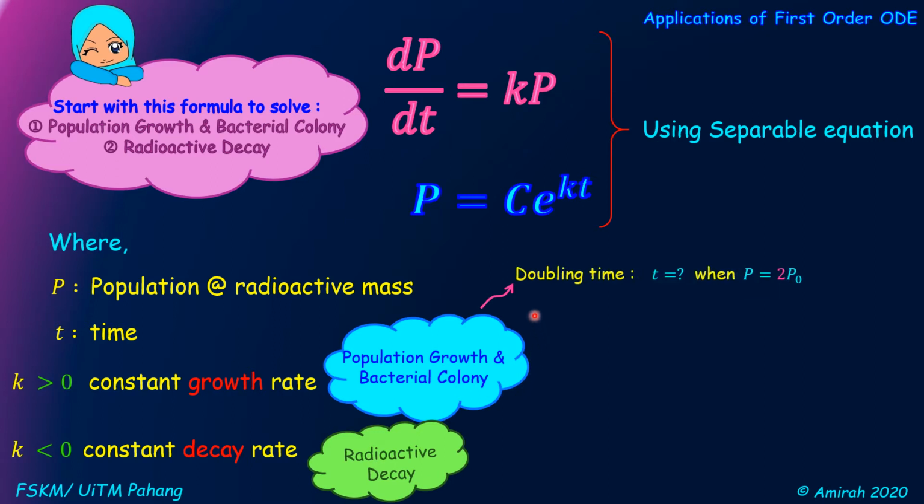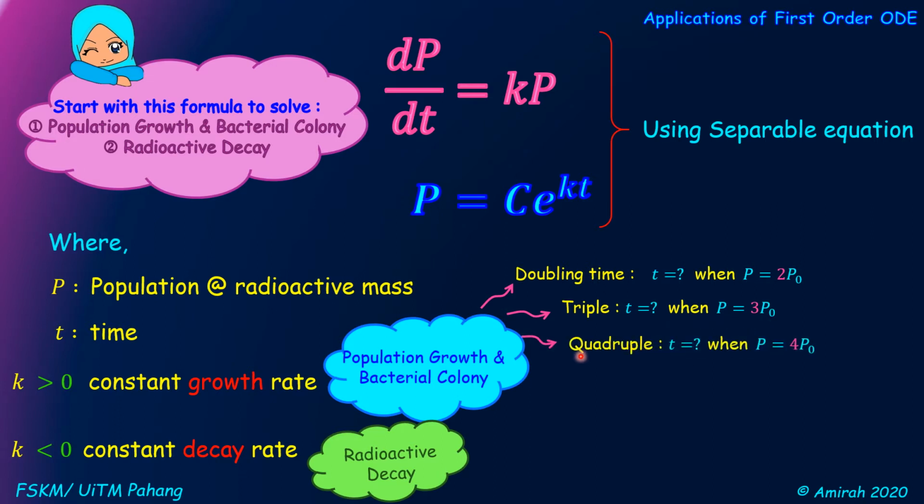If we have a term containing doubling time, we need to find t when P equals 2 P naught. If we have the word triple, we need to find t when P equals 3 P naught.